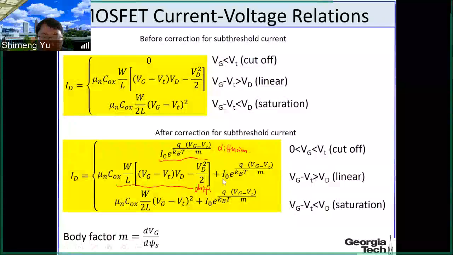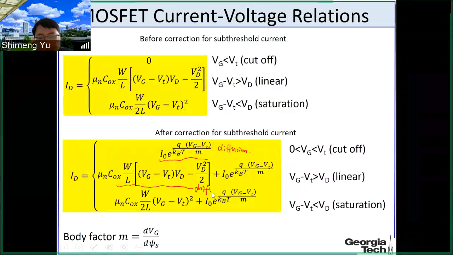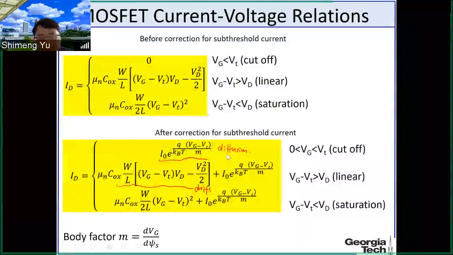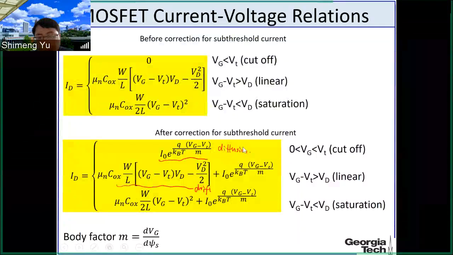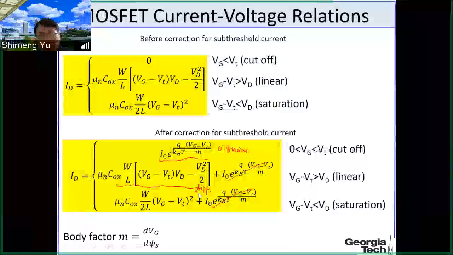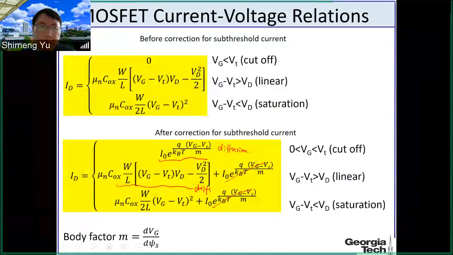So those two currents are independent mechanisms, so you can add them up. But I have to say that above the threshold, this drift current is orders of magnitude higher than the diffusion current. So in practice, we can always ignore the diffusion current above the threshold, because this drift current may be 10 to the power 6, 10 to the power 7 times larger.